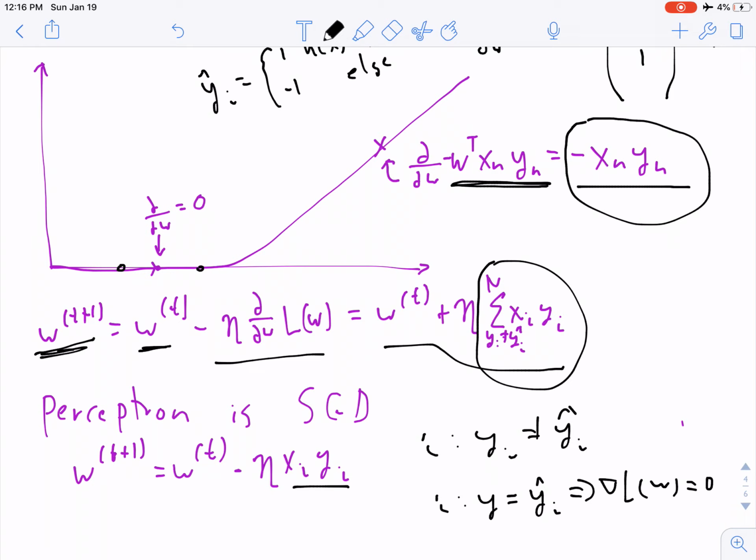So we can just randomly sample from the i's that we misclassify, and then update according to that gradient, which will be xi yi. This is the formula for the stochastic gradient update. We'll see that if we do that, it will actually converge to the correct linear boundary, which is the theoretical guarantee that I was referring to earlier.